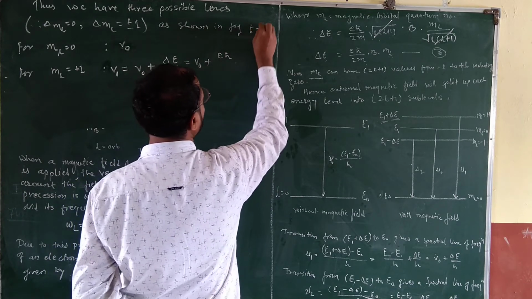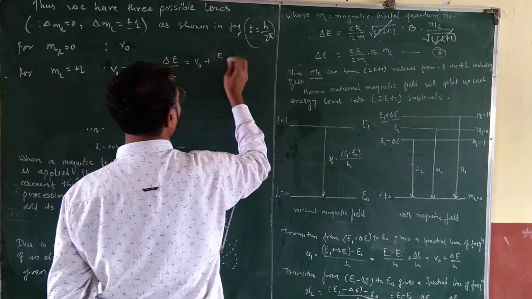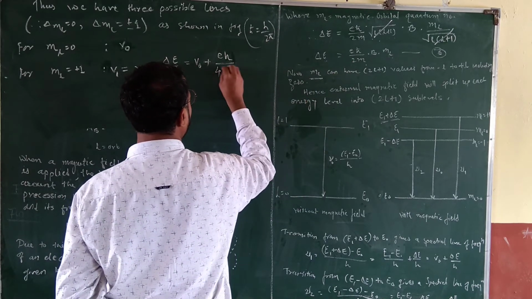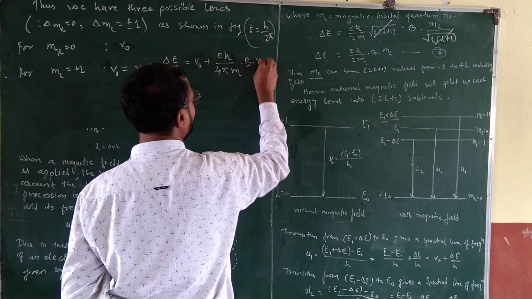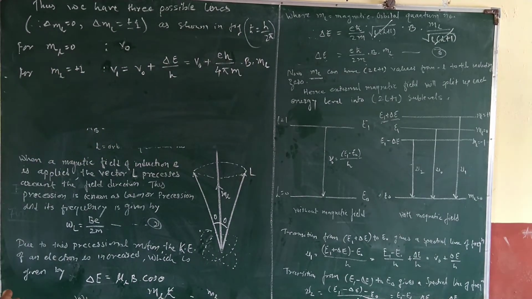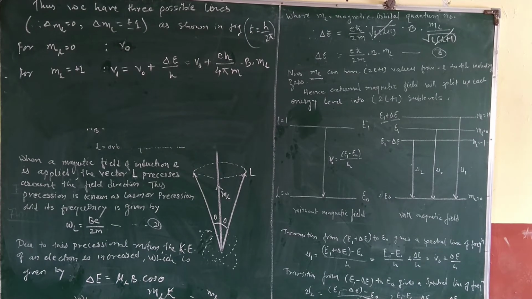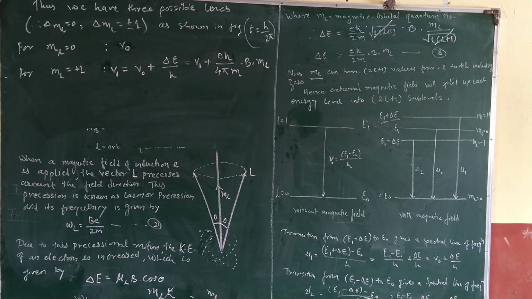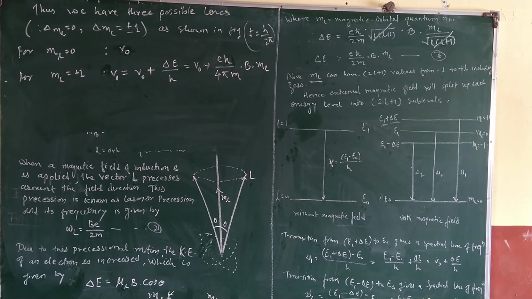So I here write h cross is equal to h upon 2 pi. Put this value, we get e h upon 4 pi m into B into ml.